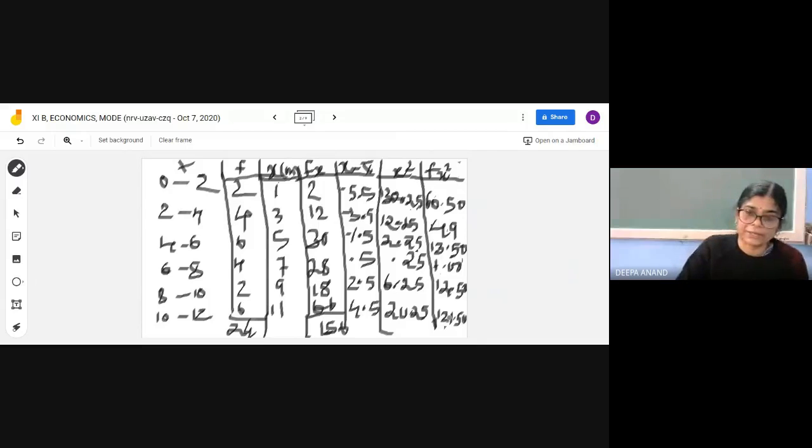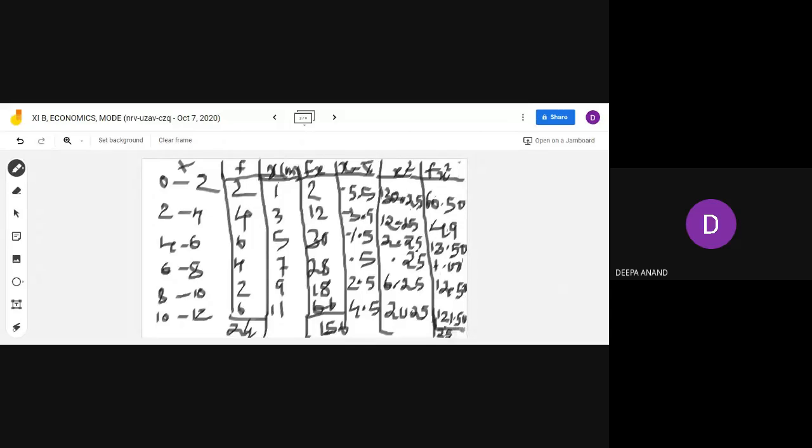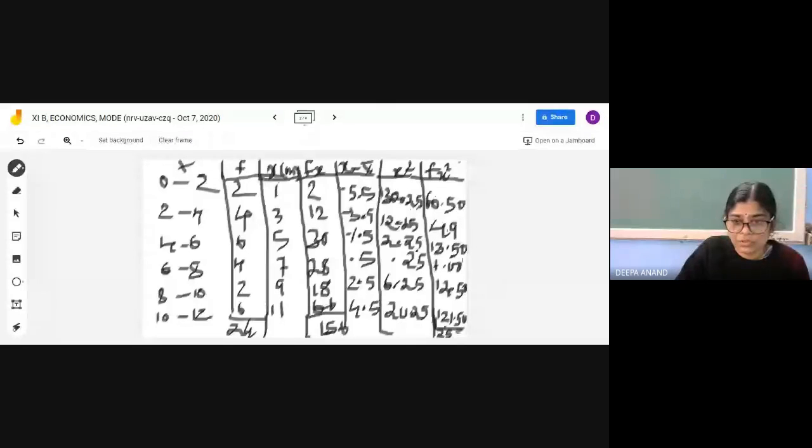So this is fx square. Now you have to write sigma fx square. Anybody got it? Sigma fx square? Has anyone got it? It is 258.